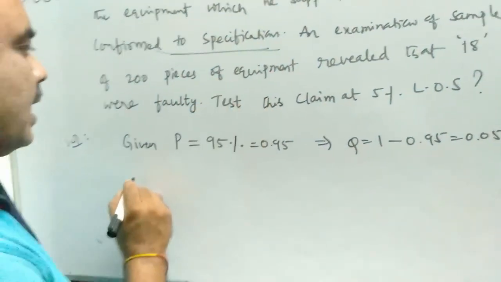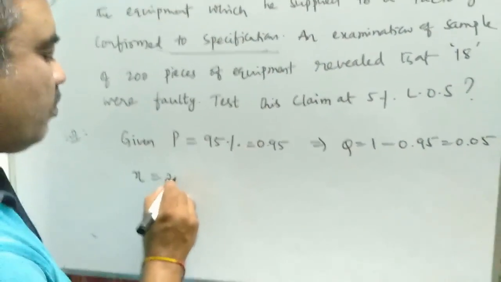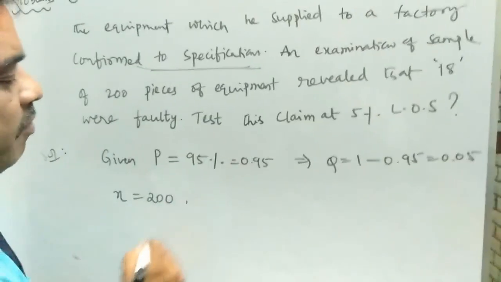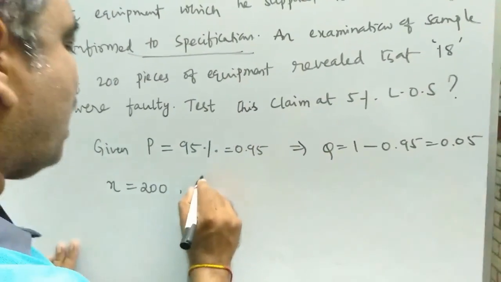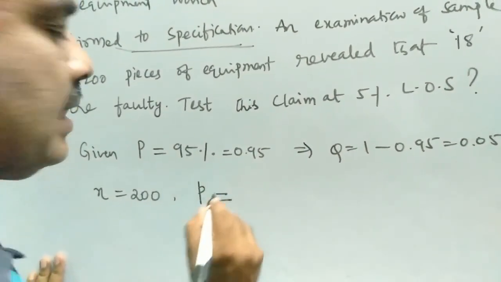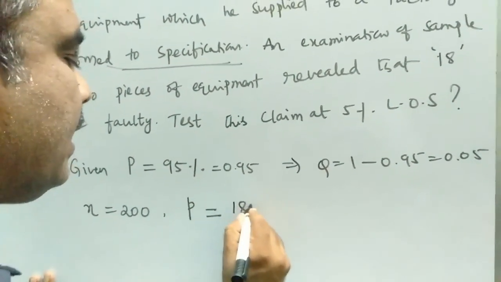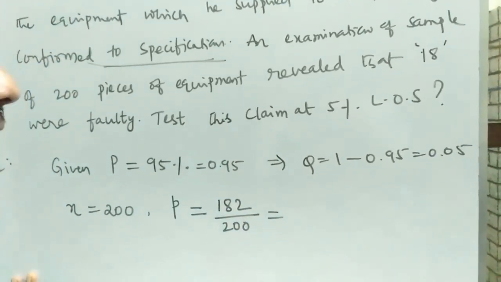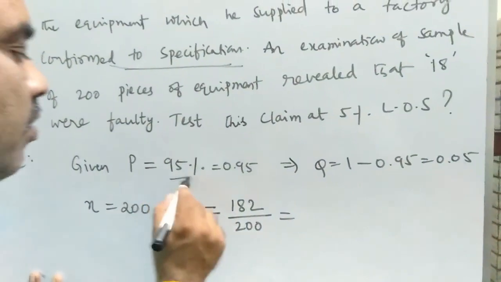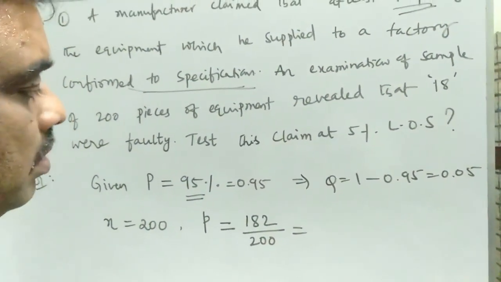And also here taken a sample of n is equal to 200 items, and he found that the faulty items are 18. So the probability of success, that is 182 by 200. Am I right or not? 18 were faulty, but we are going for good items.